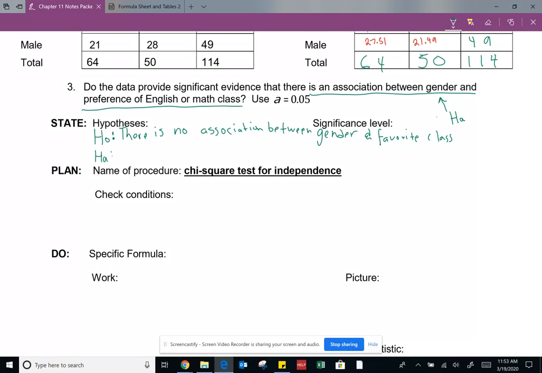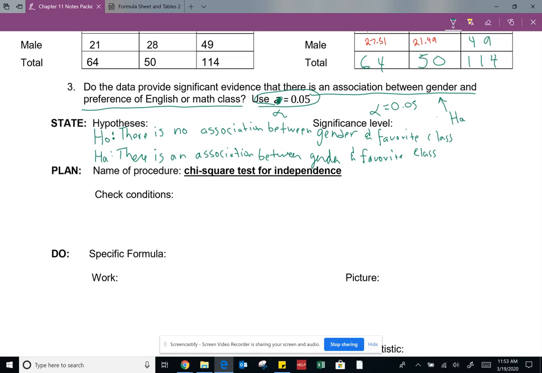Our alternative is there is an association between gender and favorite class. The significance level is given to us right here. It says A is equal to 0.05. It should be alpha is equal to 0.05, and that is what we're going to be testing it against.